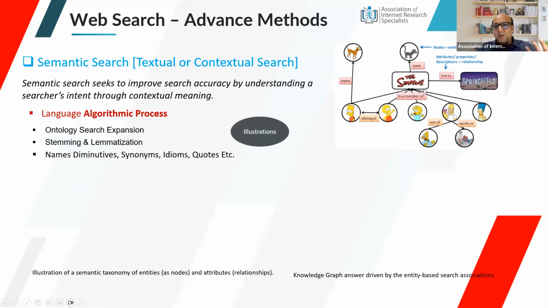Taking an example of the Simpsons, you could see that there is a relationship between siblings and their pets, mother and son, mother and daughter, and so on. So even those are considered to be information sets that are now part of the search engine's database.